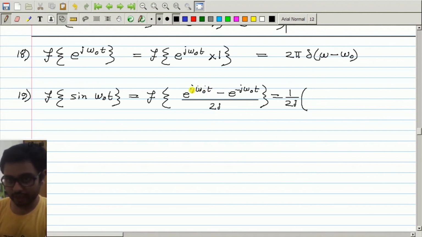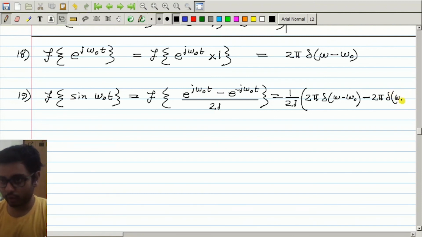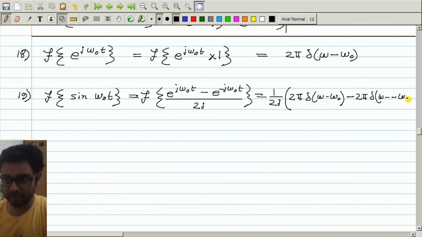The first term will give us from here 2 pi delta omega minus omega naught, and the second term will give us this minus 2 pi delta omega minus minus omega naught.